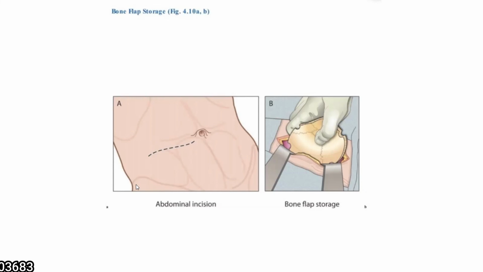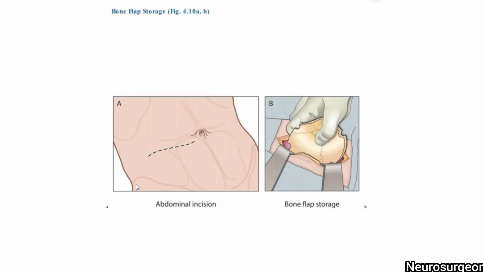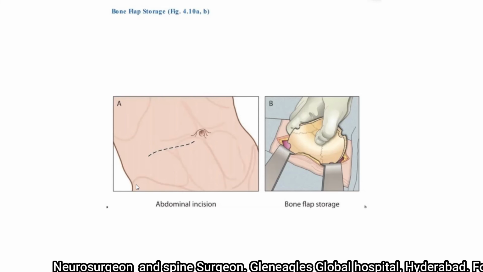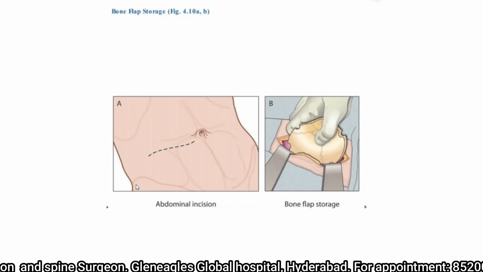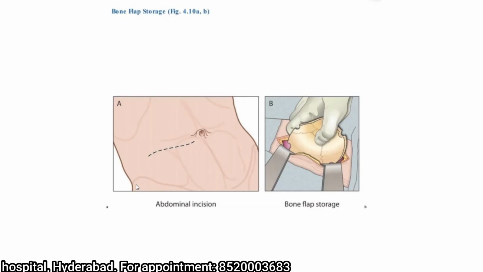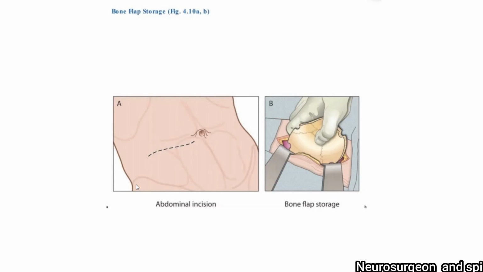Then with blunt dissection, I develop a proper plane above the rectus sheath and laterally above the oblique muscles. I ensure proper hemostasis and place the bone flap with the convex surface outside. If the patient is very thin and lean and I'm not able to develop a sufficient pocket, I sometimes divide the bone flap into two pieces and stack them one above the other.